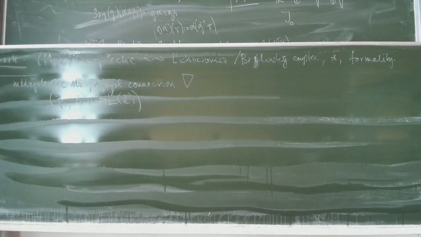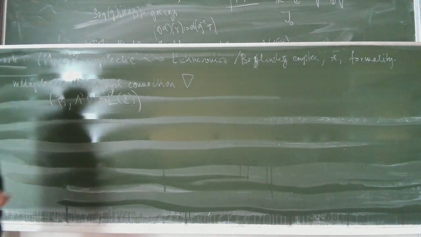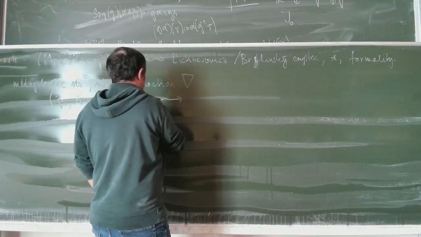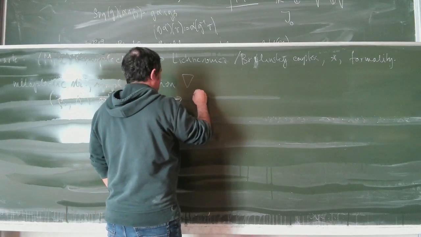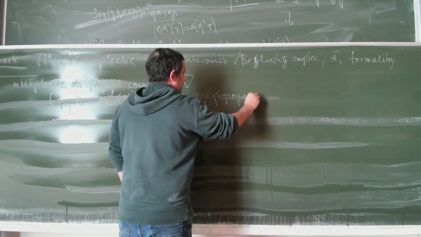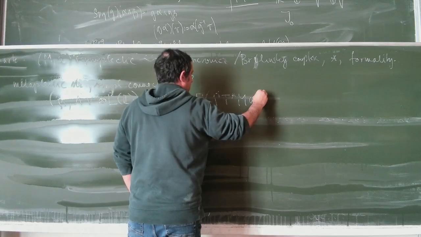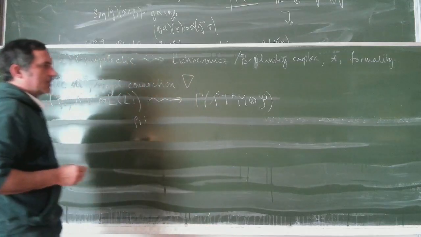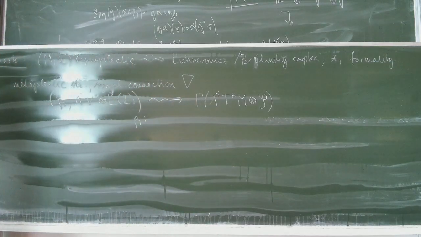So we have representations of the metaplectic group. We associate them to the i-forms with values in symplectic spinors.